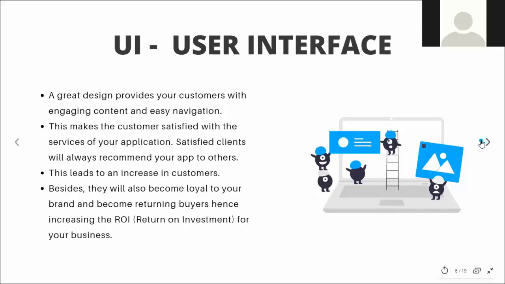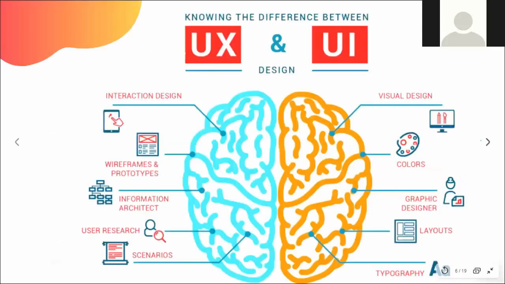Most people think that UX and UI are the same, but they are totally different. UX designers focus on the interactive design: first which page should come, and after signing up which page should come, like that. UI designers focus on the visual design, for example, the colors and the icons they use on the website.